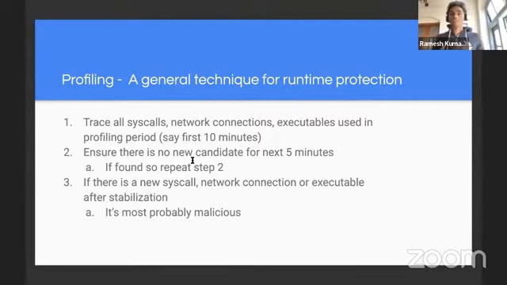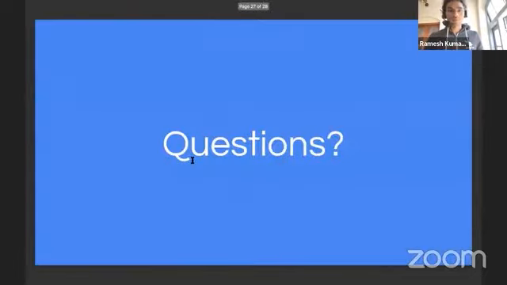So this is a very general technique of runtime protection, which is called profiling. It can be applied on syscalls, network connections, executables. There can be other ways as well. There are other tools which provide these, like AppArmor. They will provide all of these by default. They will have a set of profiles that you can apply directly based on the standard techniques. If you Google about it, you will get to know.